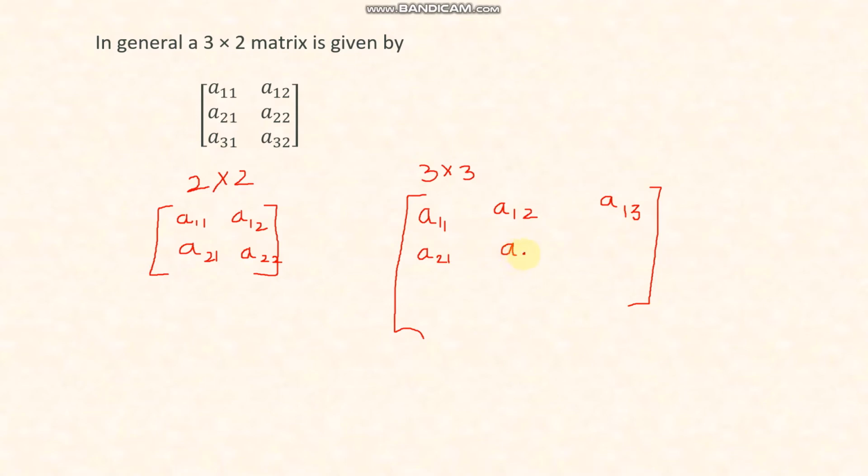Then a22, a23, then a31, a32, a33. So in a similar way, you can write a matrix of any order in general way.